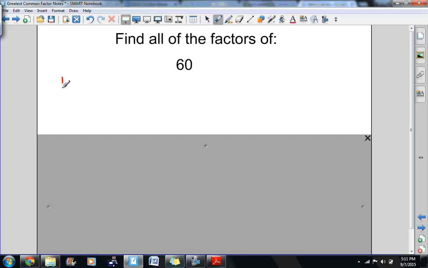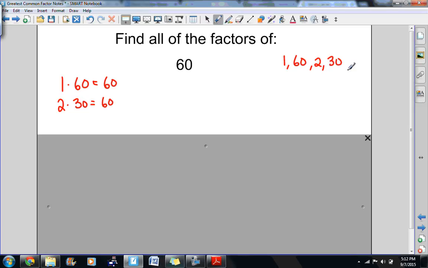So here I would say that 1 times 60 is equal to 60. Therefore, both 1 and 60 are factors of this number. I also know that 2 times 30 is equal to 60, so I know that 2 and 30 are both factors.